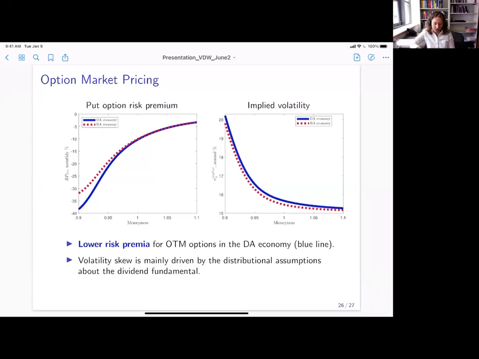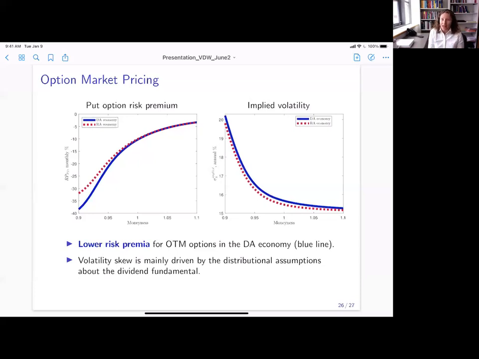They only help with out of the money options. And also, when you look at the implied volatility, this jump risk seems to be enough as well with the benchmark economy. So the point here is that crash risk alone is enough to generate pricing implications. But of course, as we've seen, it's crucial to have both asymmetries, so also asymmetry in preferences, when it comes to understanding quantities and prices jointly.